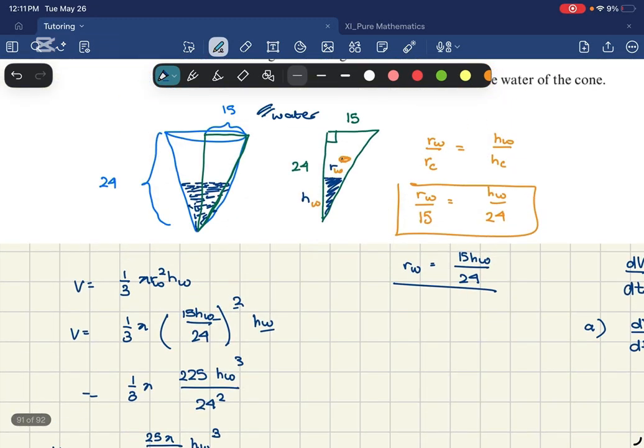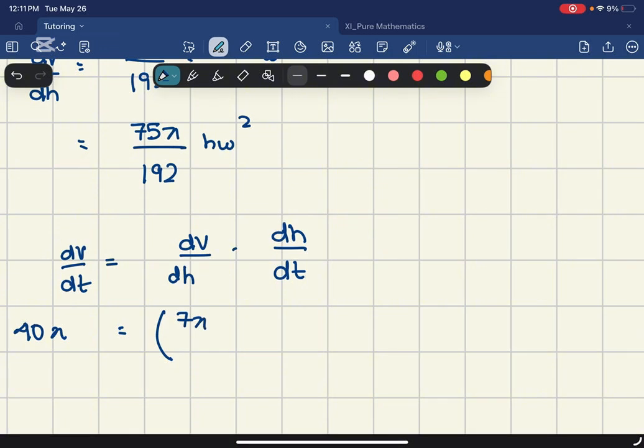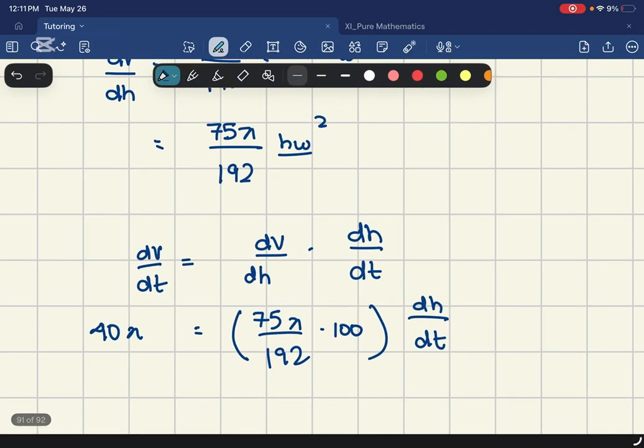For dV by dH, I am given HW. HW is 10 centimeters. So I need to substitute 75 pi over 192, and I can substitute HW squared, which is 100, times dH by dt. HW is 10, HW squared is 100. And now I just need to solve this. So pi will cancel out with pi. So I have 40 times 192 divided by 7500. That is going to be my dH by dt.